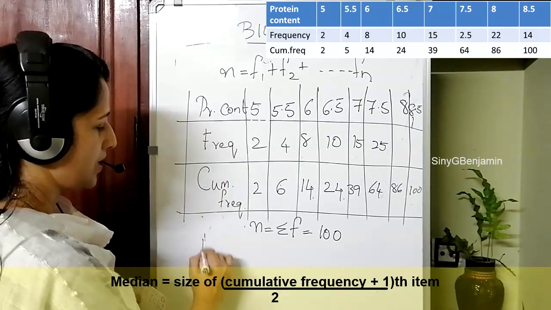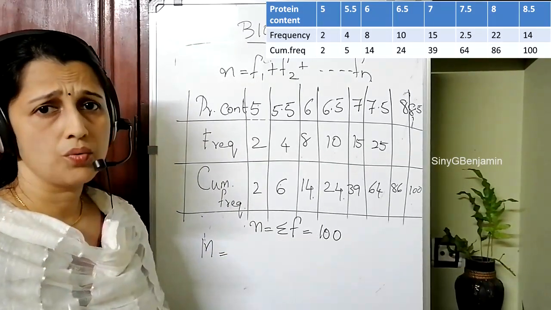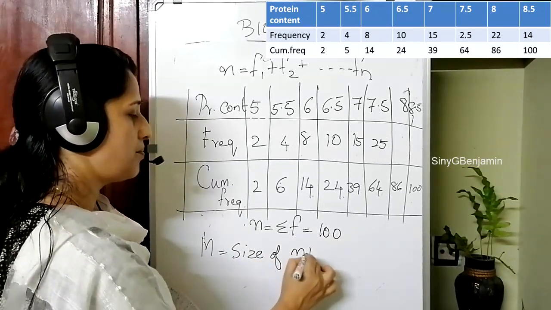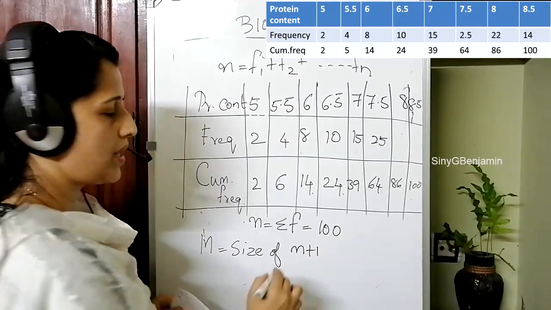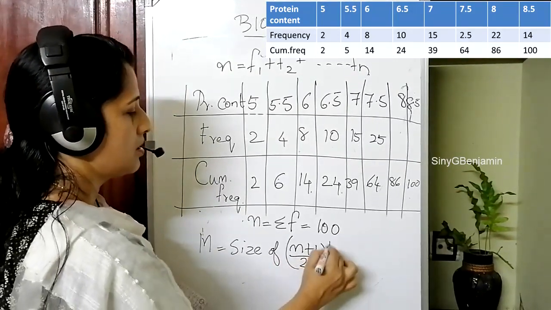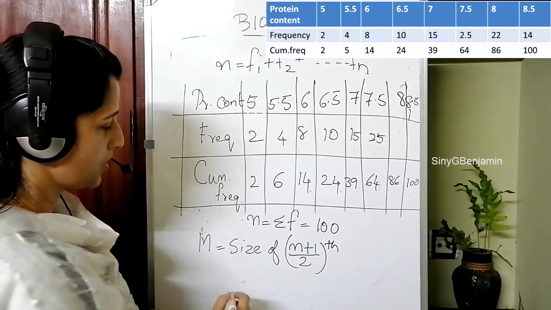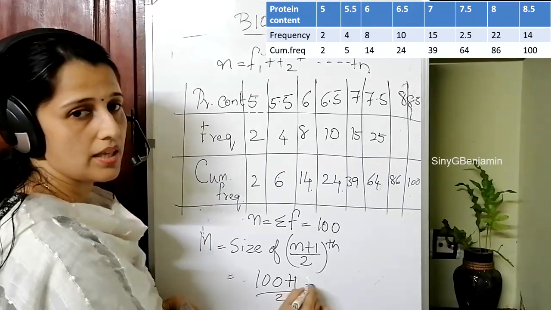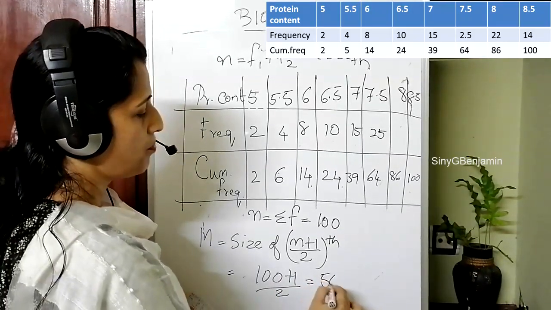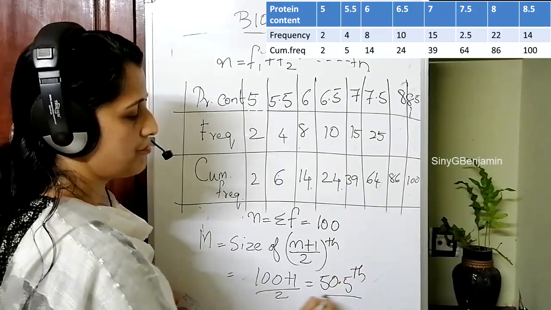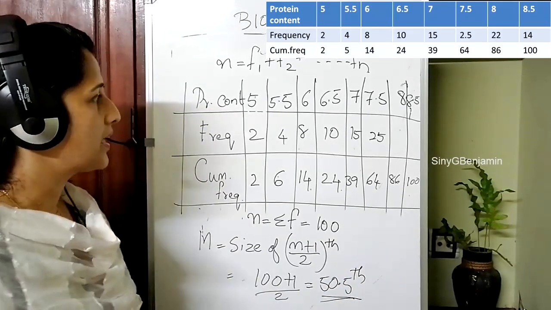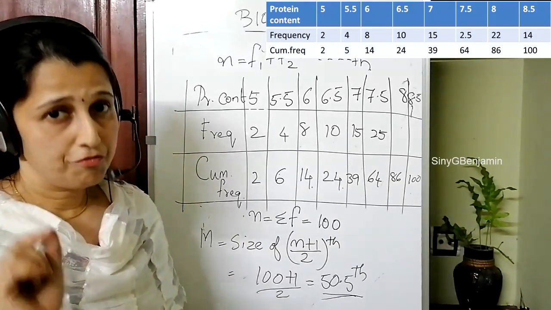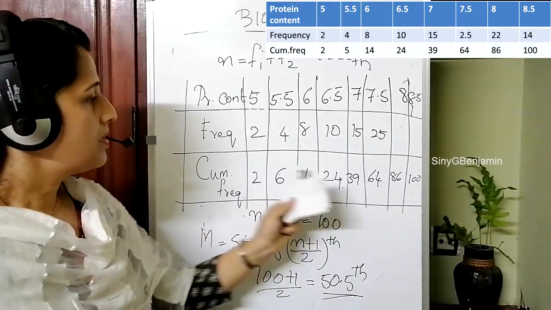So the median is equal to the size of (n plus 1) divided by 2th item. Here n is equal to 100, that is, 100 plus 1 divided by 2, which is equal to 50.5th item. The 50.5th item is the median, and we have to find where the 50.5th item comes in this table.